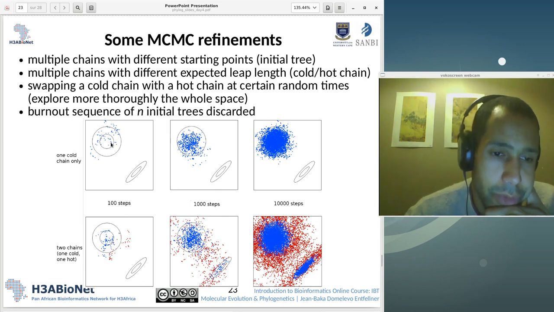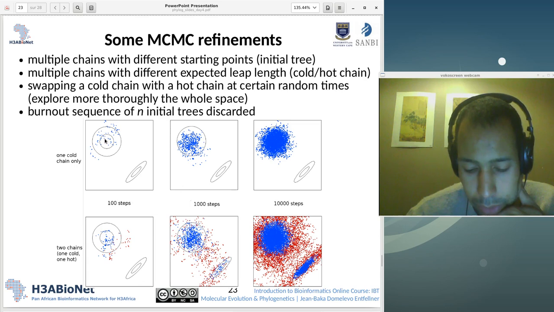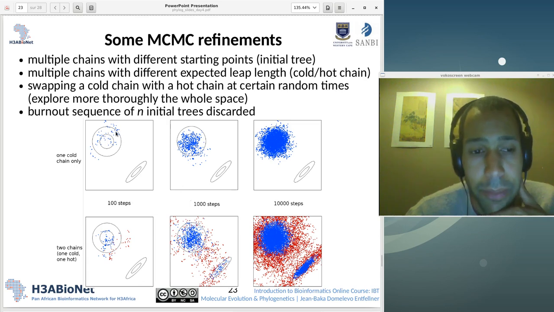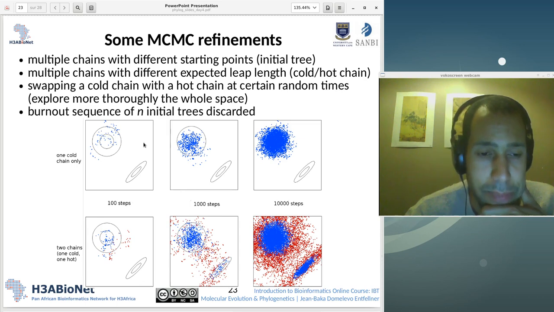This ant, or this agent, is going to jump from one point to another, always accepting favorably the jumps that make her go higher, and accepting with lower probability jumps that make her go to lower altitudes.